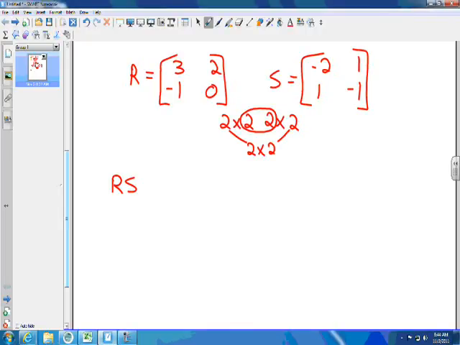So how then do we multiply the matrices? Again, I would open a parentheses up, and this one you probably do need to write. You're going to multiply first 3 times negative 2.